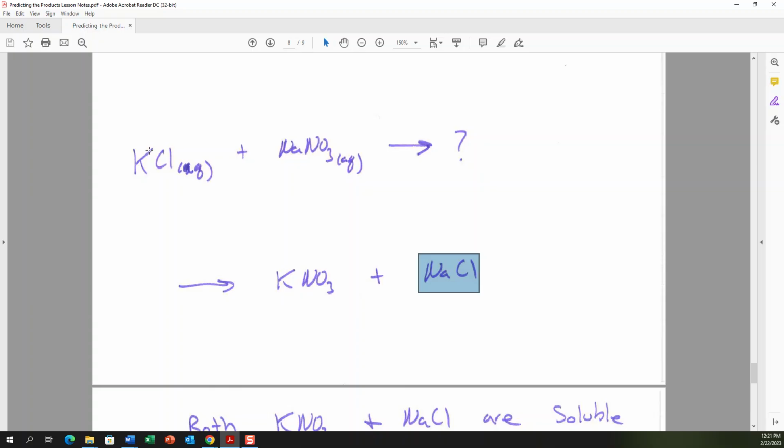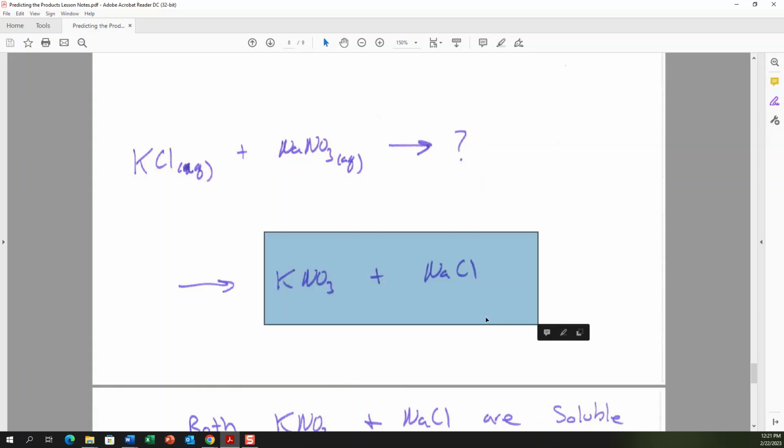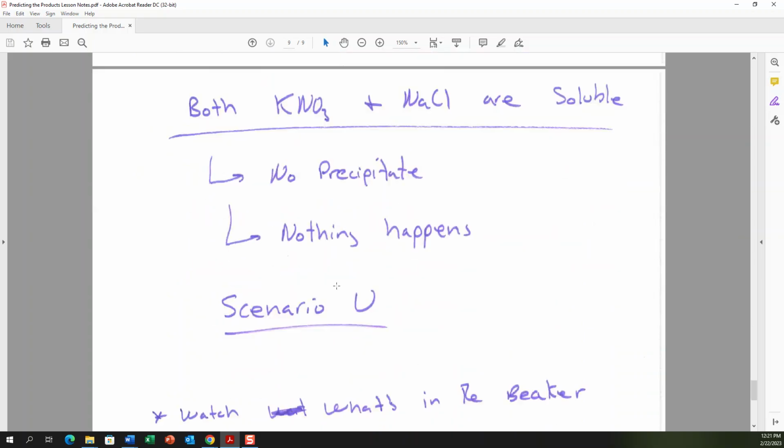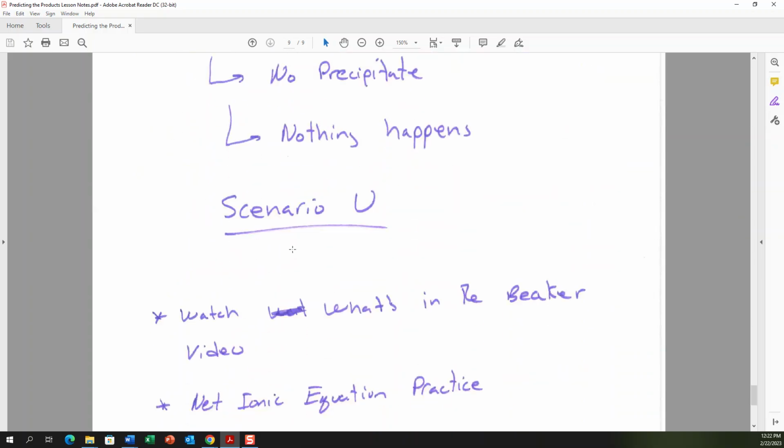Potassium chloride solution looks like water. Sodium nitrate in solution looks like water. And then when we mix the two, since none of these things precipitate, it's just going to look like we poured water into water and nothing really happened. All right, so it's no reaction. This is scenario U, okay?